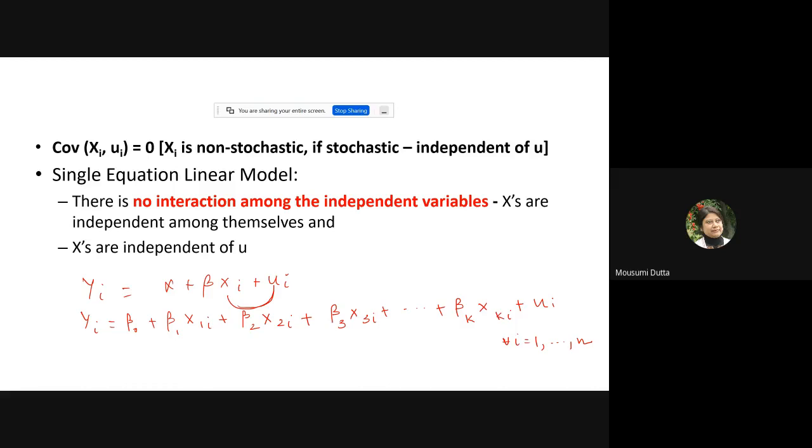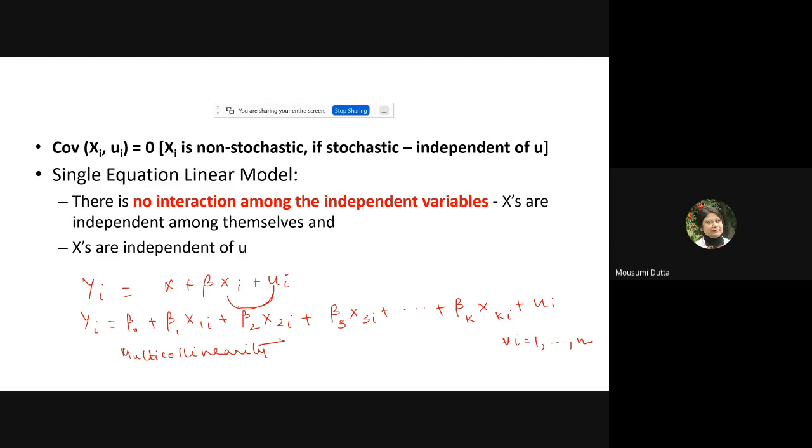If there is correlation among x1, x2, x3 up to xk, or correlation among the explanatory variables, that problem is known as multi-collinearity.